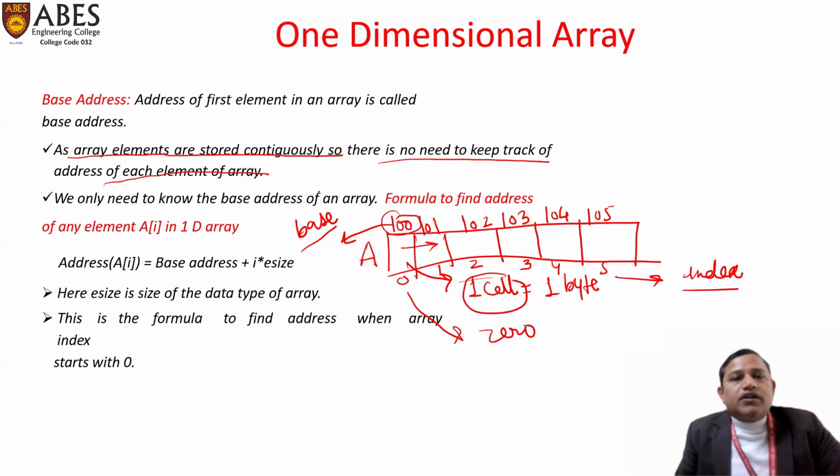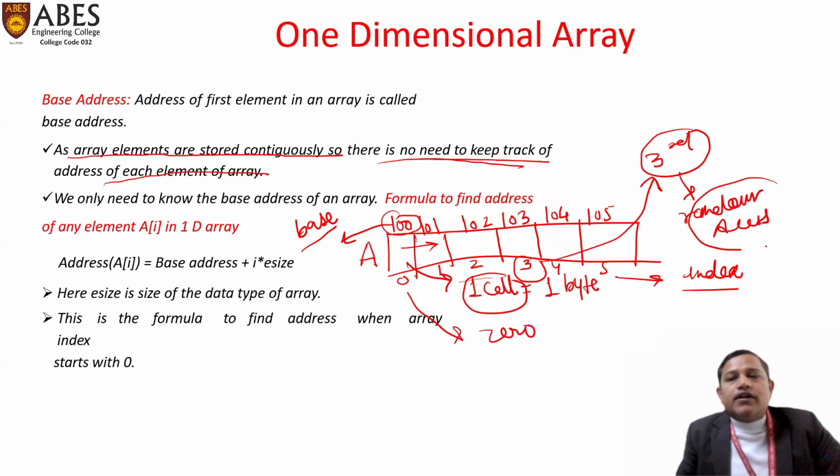Then what is the meaning of this line? It says that if you want to find the address of the element stored at the third index, we can directly access this element. This is called random access.